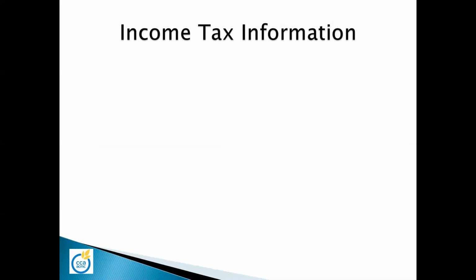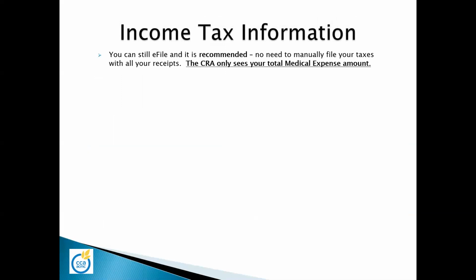So I've got 2 more slides of income tax information. The first slide is you can still e-file, and it is highly recommended that you e-file, because the CRA only sees your medical expense amount.